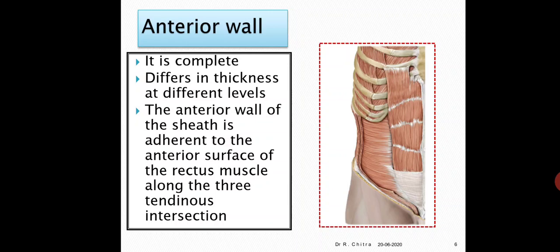If you see in the image, you can see the three tendinous intersections of the rectus abdominis muscle. The anterior wall of the sheath is adherent to the anterior surface of the muscle along these three tendinous intersections.